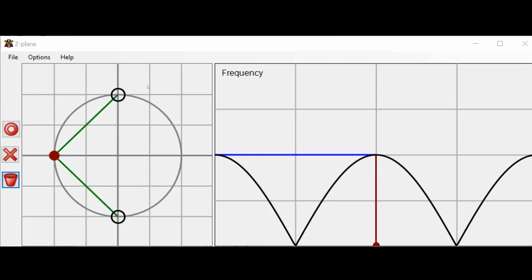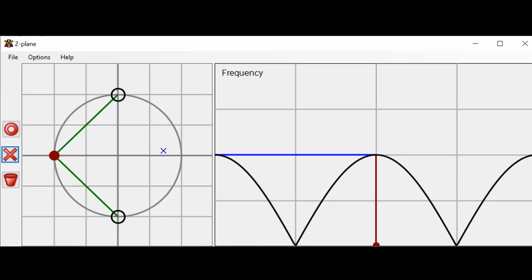It's not only true for these zeros, but it's also true if we put a pole on here. So here's a pole, and before I click it, someone tell me how adding this pole is going to change the DTFT. Will it increase the magnitude of the DTFT near multiples of 2 pi and 0?